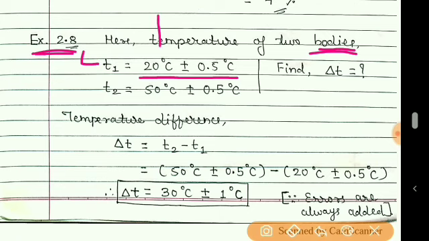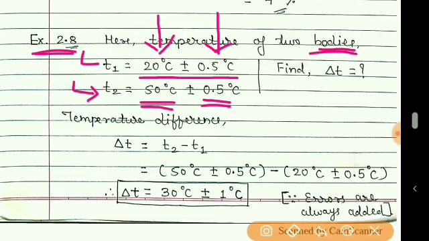Here this is the true value and this is the error, the average absolute error. Similarly, in the measurement of the second reading, this is the true value, 50 degrees Celsius, and the error in that measurement is 0.5 degrees Celsius.